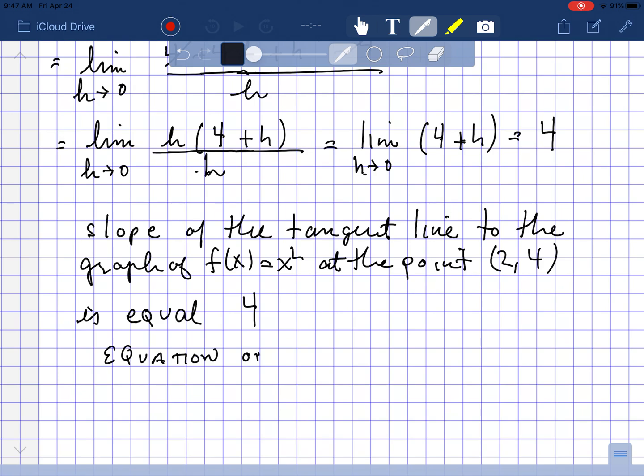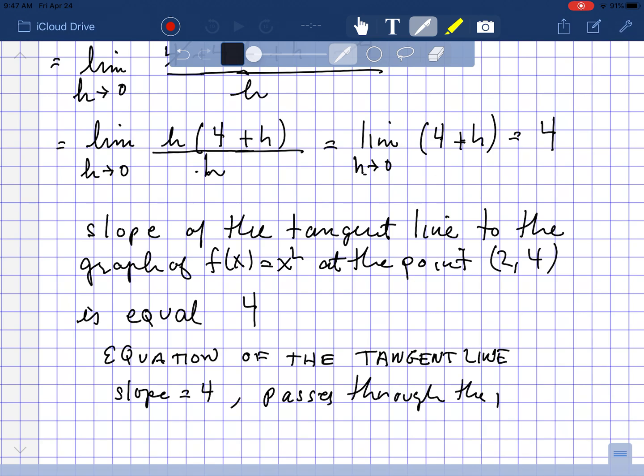All right, so I want the equation of the tangent line. So we know that this tangent line has a slope equal to 4, and it passes through the point (2, 4).